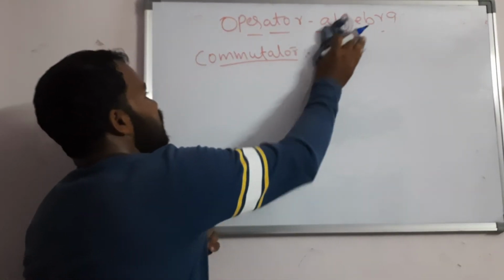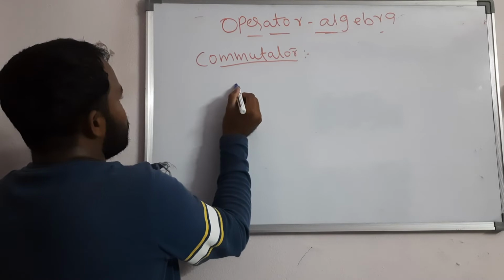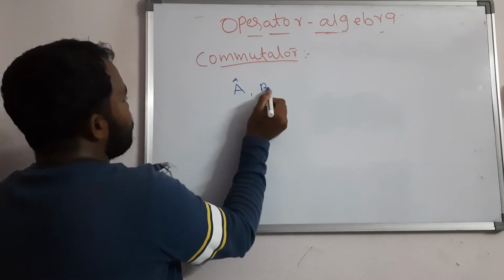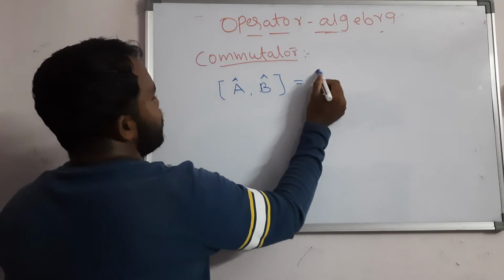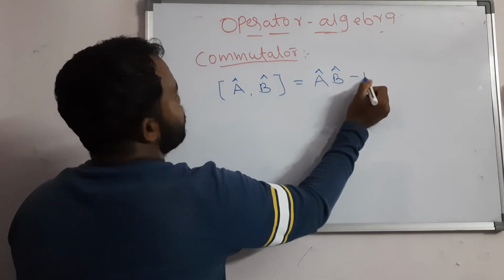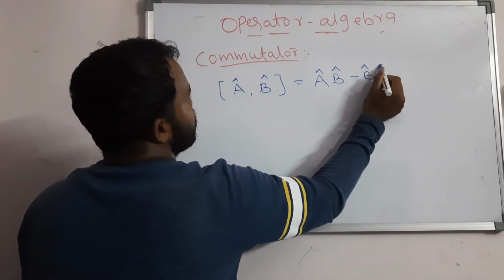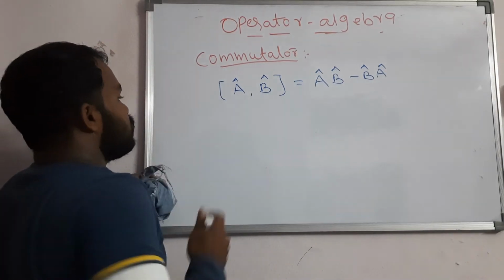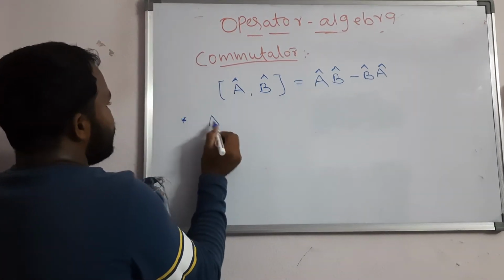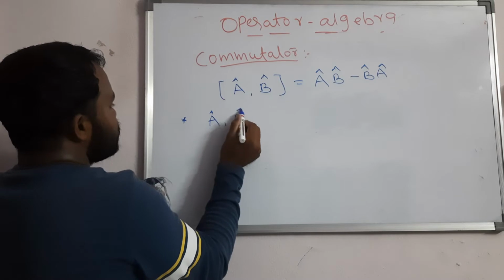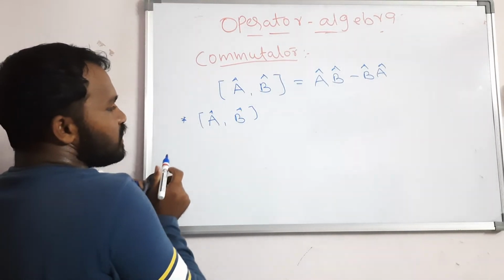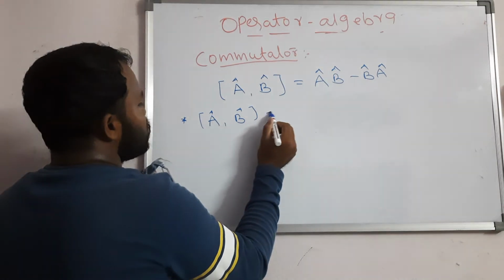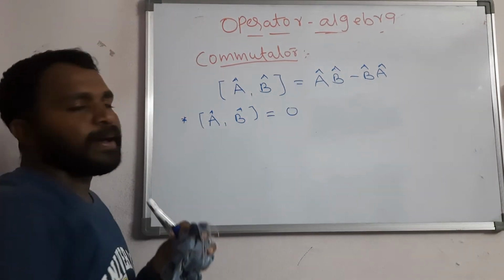So I will tell you how to write it. If A cap comma B cap are two operators, you can write A cap into B cap minus B cap into A cap. Next point: if A cap, B cap commute with each other, the commutator A cap, B cap is 0.